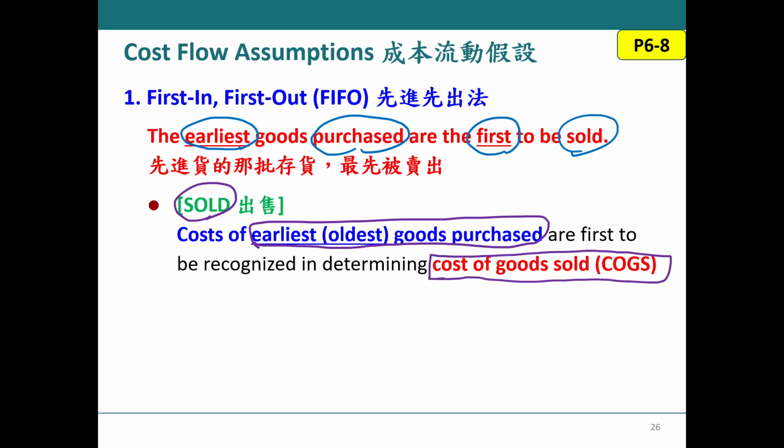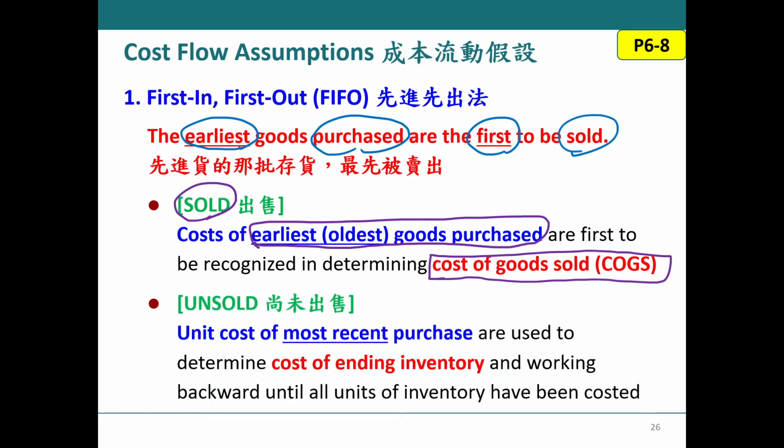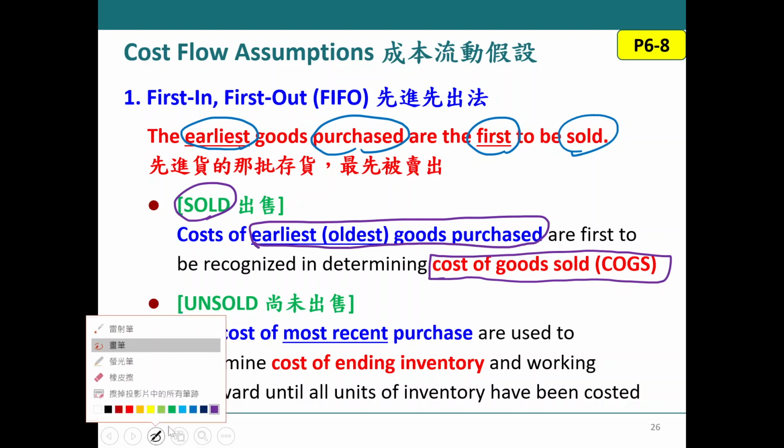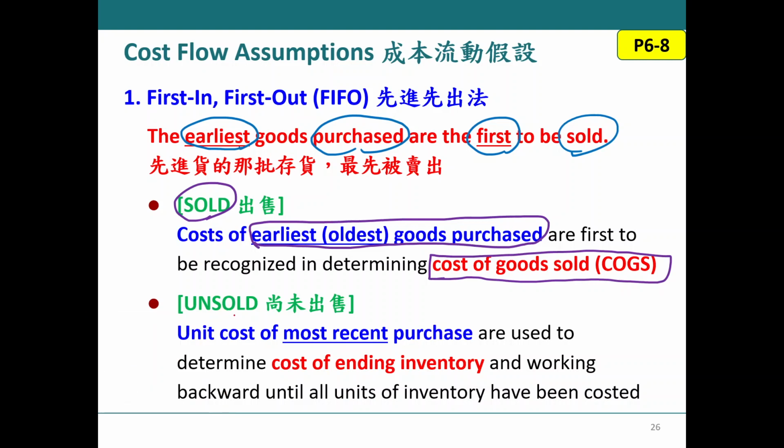How about your last purchase, the most recent purchase? It's still in your company, so it becomes your ending inventory. We assume they are unsold. That's how we get the numbers for cost of goods sold and cost of ending inventory.